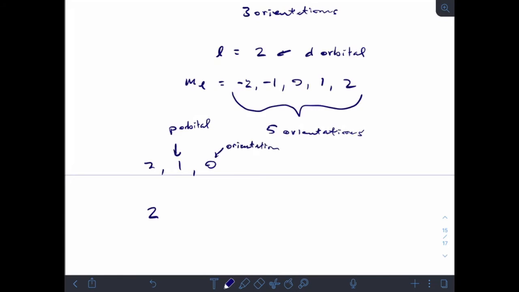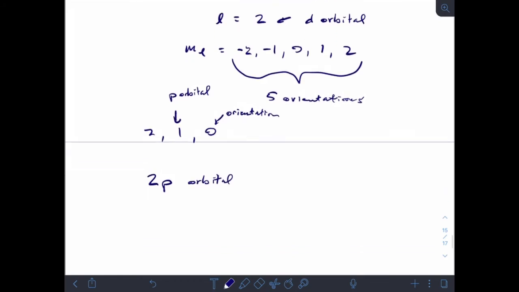Right, so 2, 1, 0, that's a 2p orbital. And we're not going to take you into whether the 0 means that it's in the x direction or the y direction or the z direction. Suffice to say that only one orbital has that set of numbers.